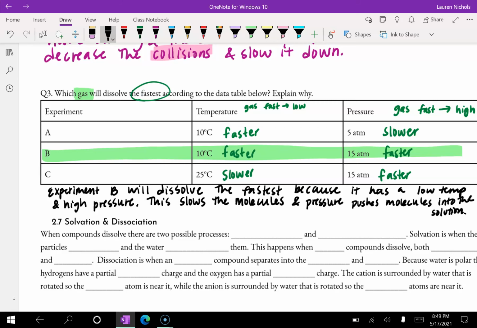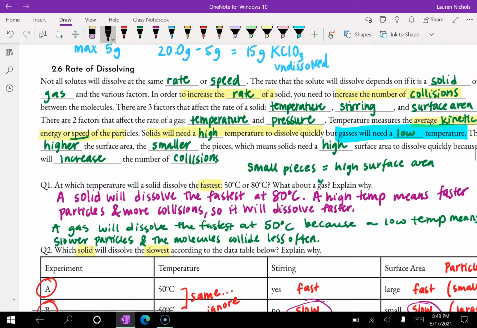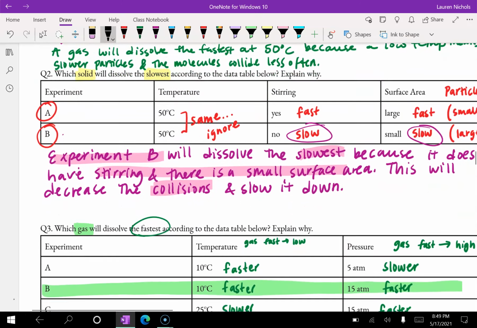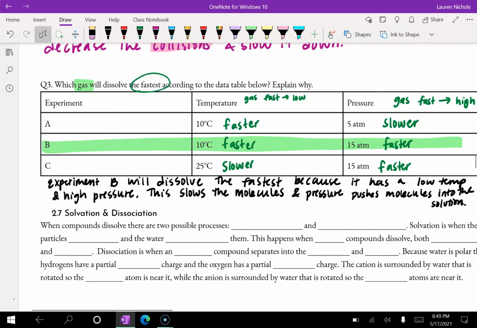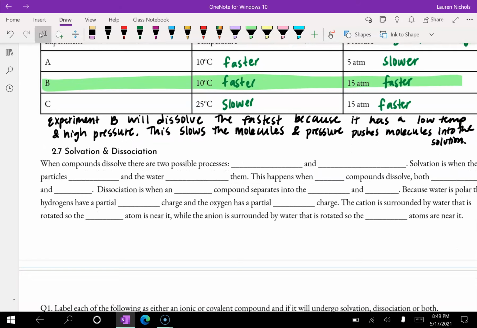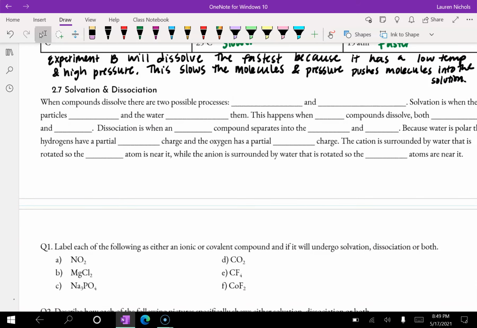Okay, so that was rate of dissolving. And again, it's very dependent on talking about which one is correct, why, and how it affects the molecules and collisions. So if we look at section 2.7, this is the last section in Unit 2.